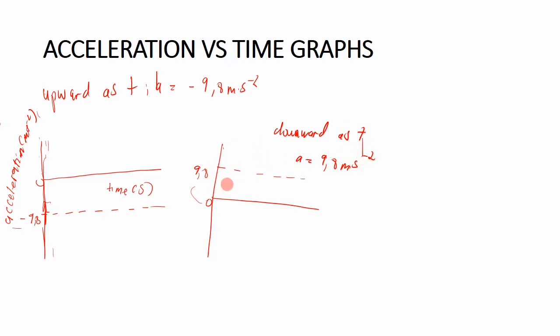So this is how you'll have it. You'll have that 9.8 being above the x-axis. Remember, it's positive. So this is the graph of acceleration versus time when you take upward as positive, and this is the graph for acceleration versus time when you take downward as positive, right?